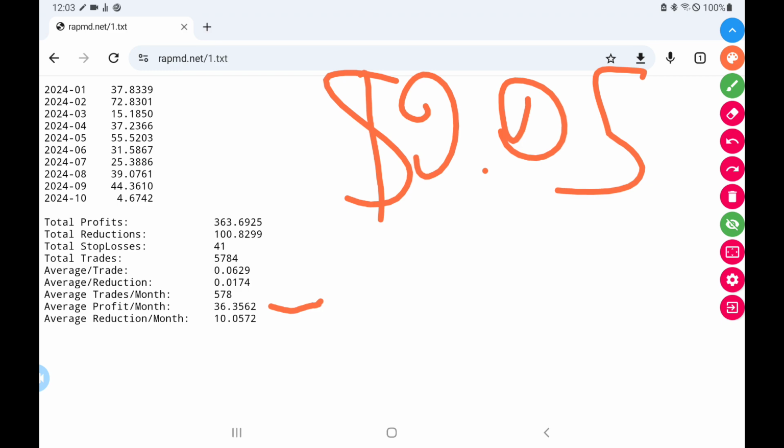My reductions are taken out, said and done. So my profits are after all of my losses, what I walk away with. I walk away each month with roughly $36. All of that is figured out. Now if I didn't take the reductions, I would walk away with $46.